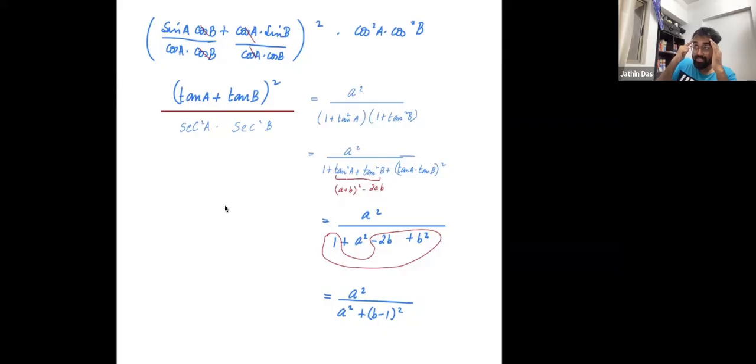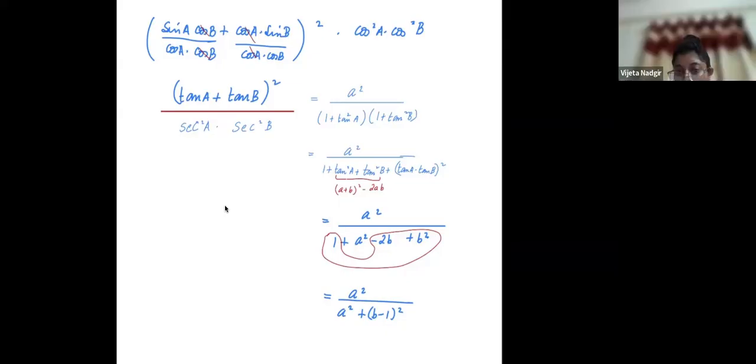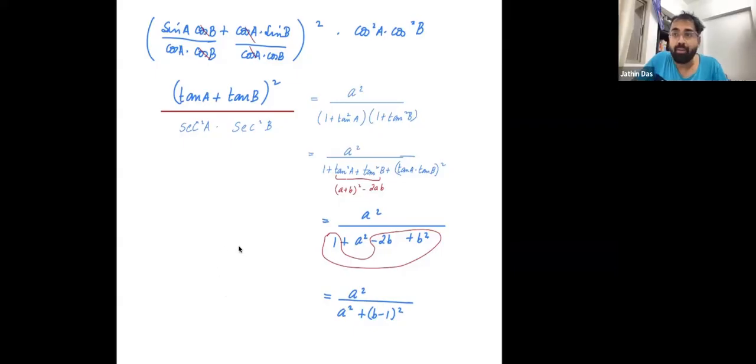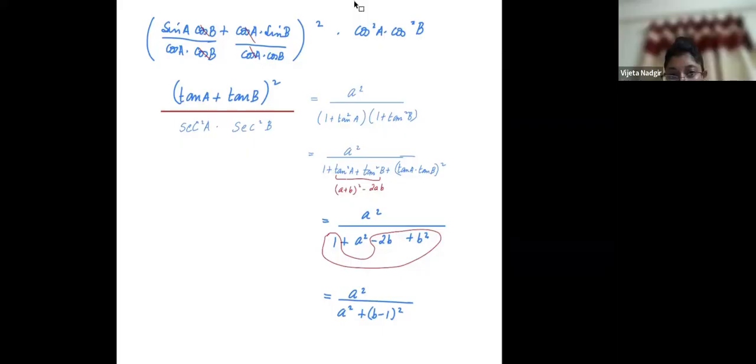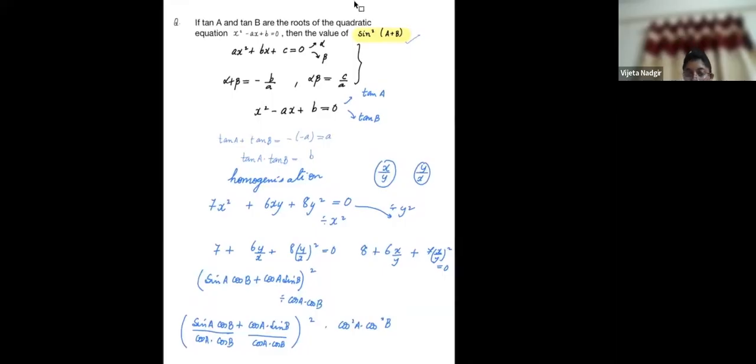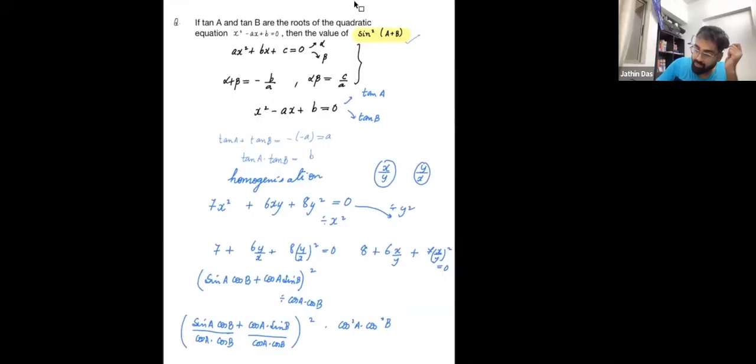So now you should understand sin(a+b) or sin(a-b): if I divide by cos a cos b, I can write it in terms of tan directly. You can take this as a note, homogenization. It will help you. In my logarithm worksheet also there is a question on this.